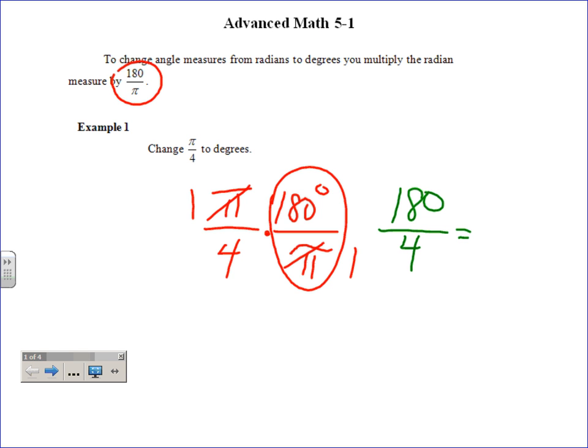Notice the pi's are now gone. And if you take 180 degrees and divide it by 4, you're left with 45 degrees. So there you can see that this one works really nice. That's why we choose 180 and pi as our conversion factor, because it normally works out the best.